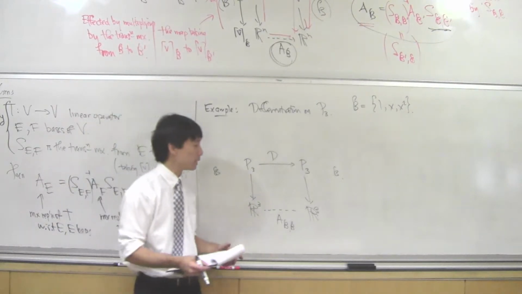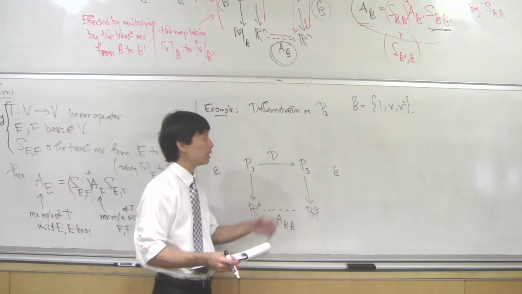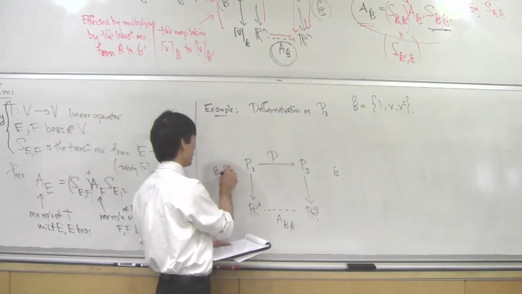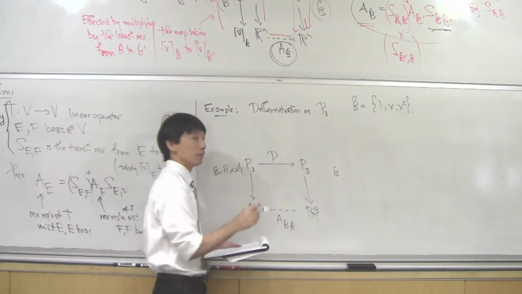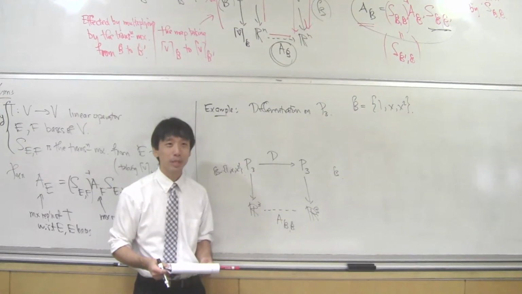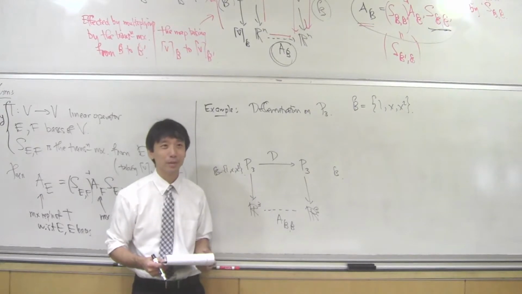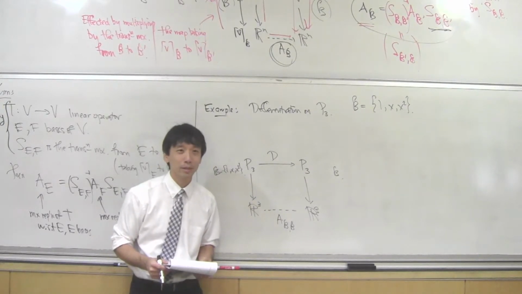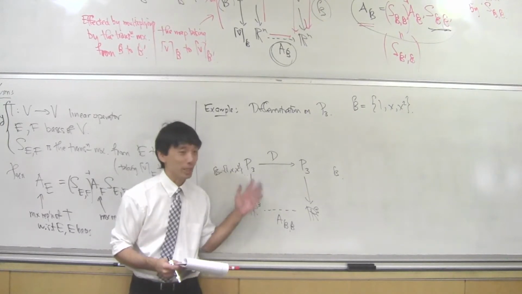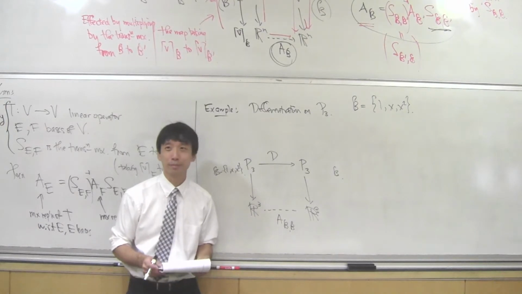You can get the matrix representation with respect to these bases, 1, x, x squared. Take half a minute and do it, just to remind yourself how to do it, and reassure yourselves that this is something that you've seen before.